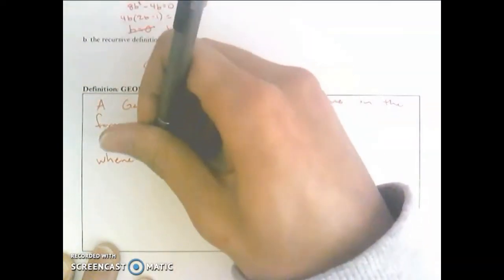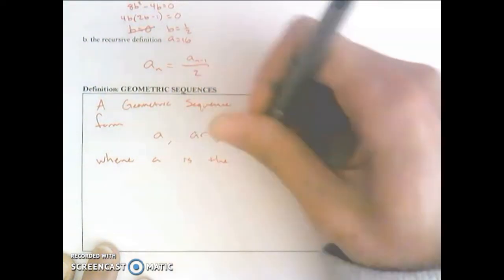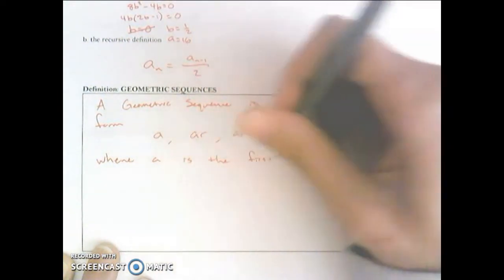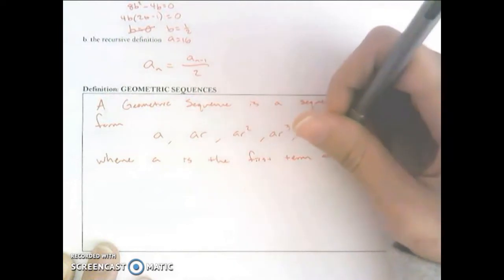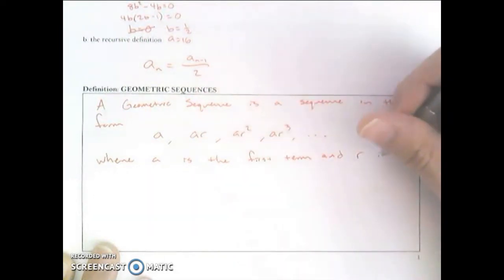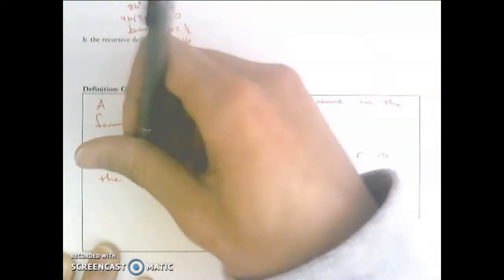So what are a and r? Well, a is the first term and r is the common ratio.